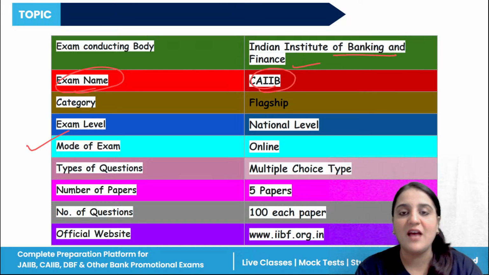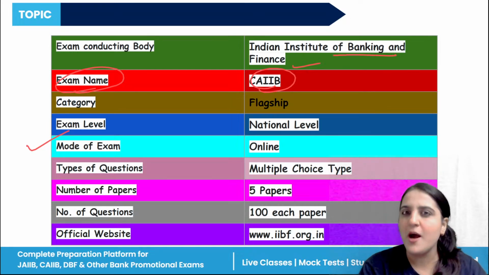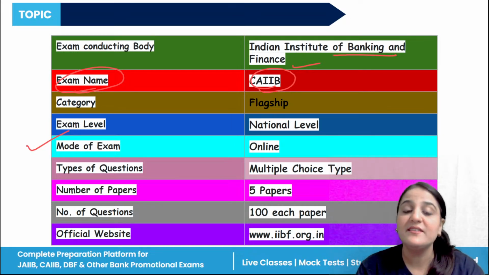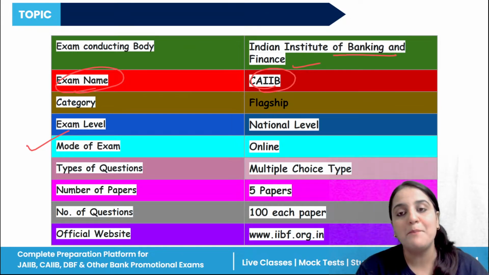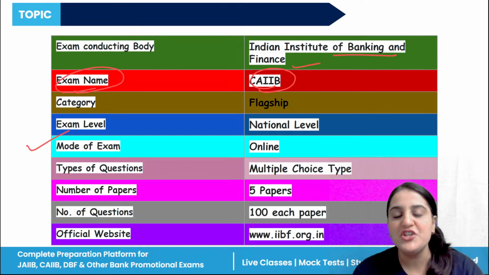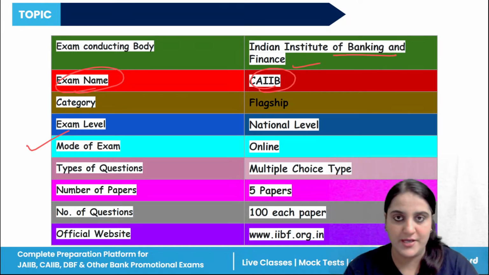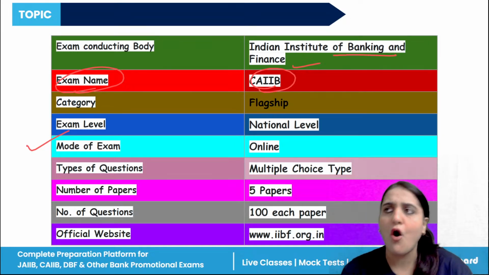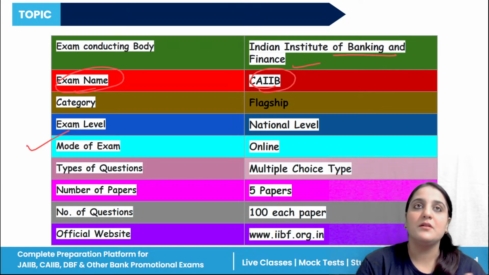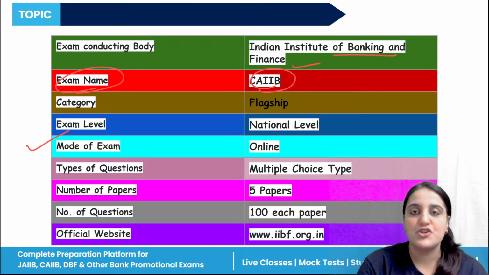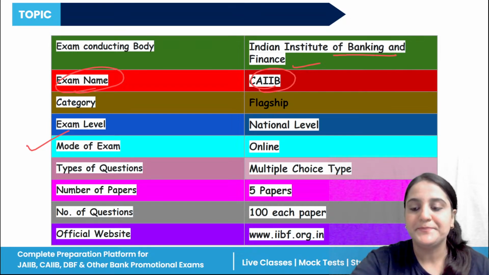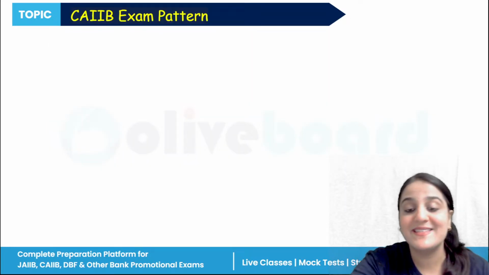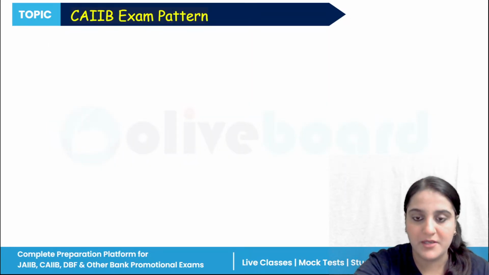Number of papers is 5: 4 compulsory papers and 1 elective paper, which you have to choose according to your choice. Number of questions is 100 per examination, and the official website is also mentioned here. You will see some details regarding the application and the result, everything will be mentioned here. Okay.